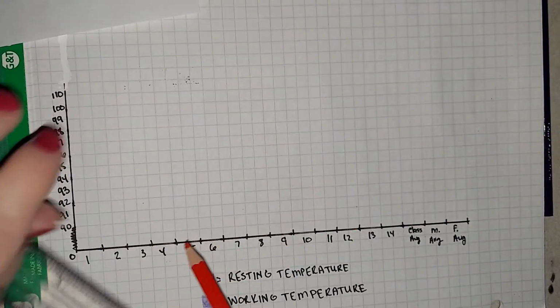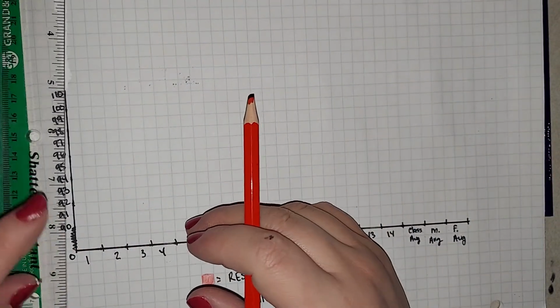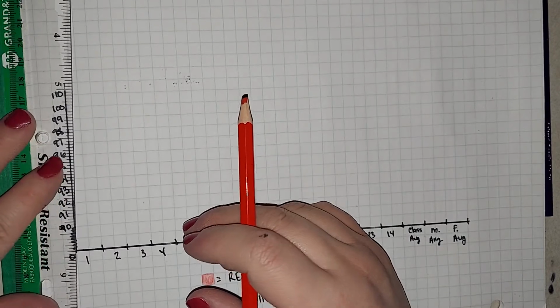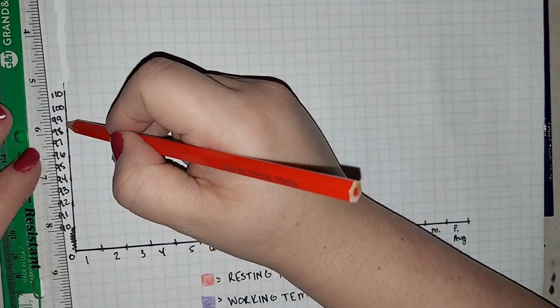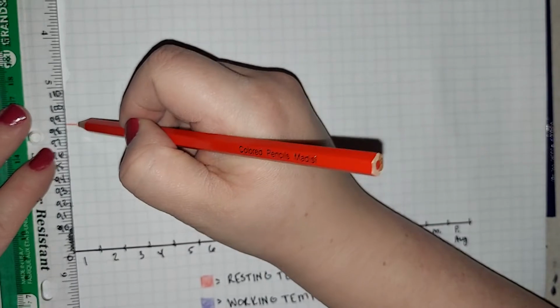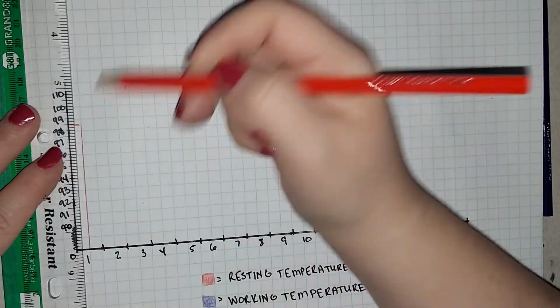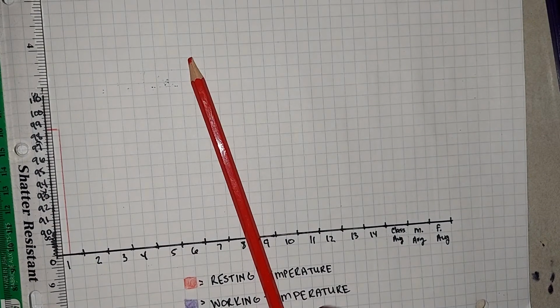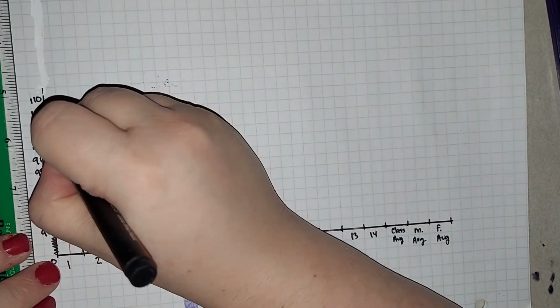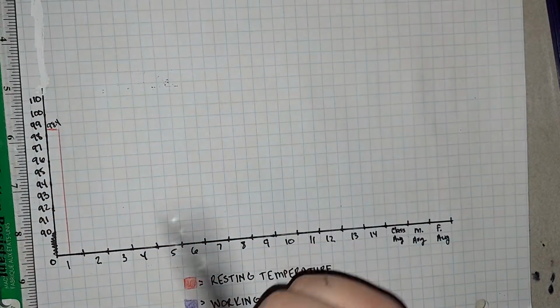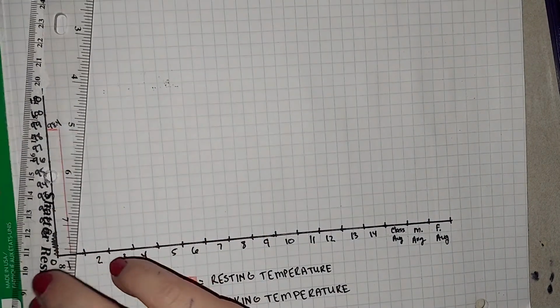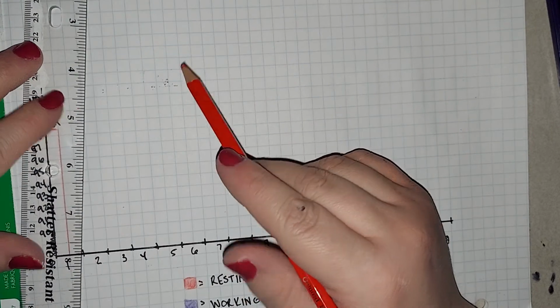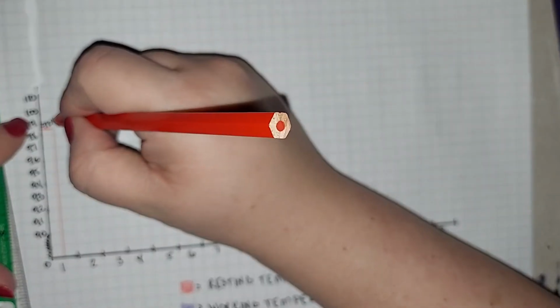For the first one, our temperature was 98.4. Put your data points at the top. And then we have 99.2.